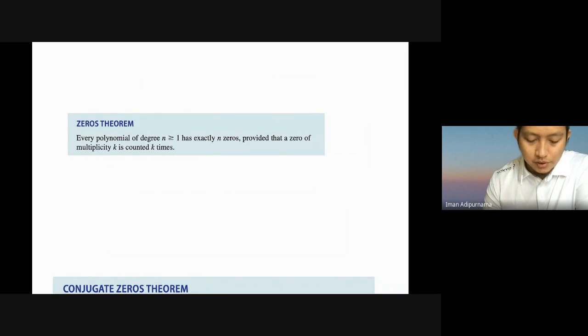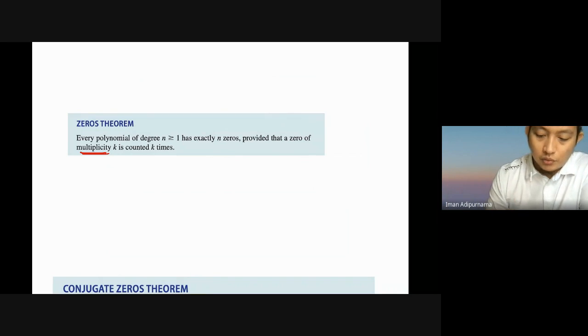Okay, what is multiplicity? Actually, this should be in the previous sections, but I skipped it because it's not too important. But let me just show you what the multiplicity means.